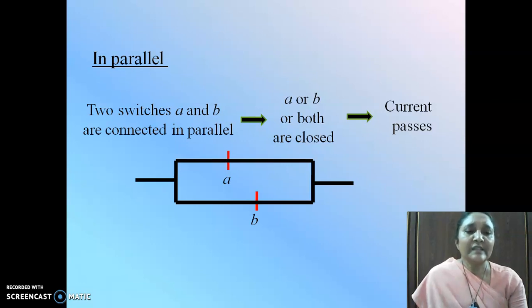Now suppose I say A is closed and B is open, then the current passes through via the switch A. And if A is open and B is closed, then the current passes through via B. If both A and B are closed, then the current passes through via both switches A and B. So, when both A and B are in an open state, then the current does not pass through.